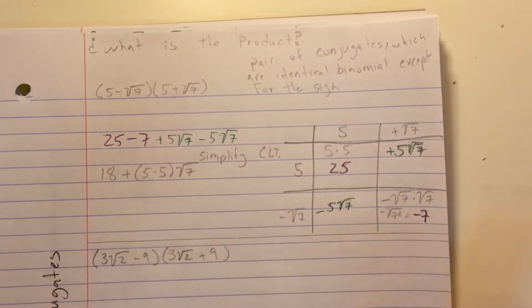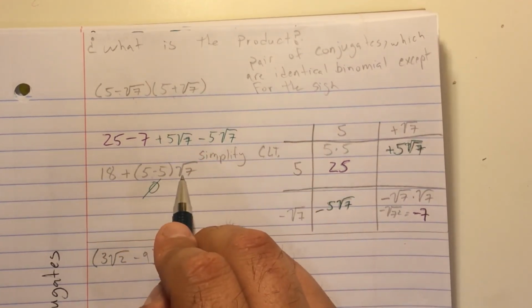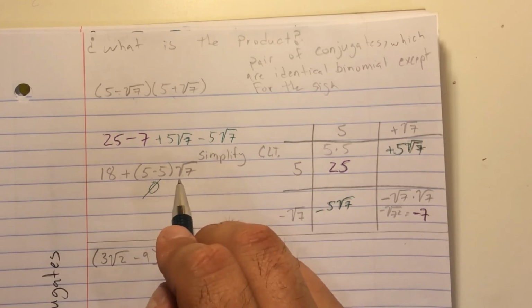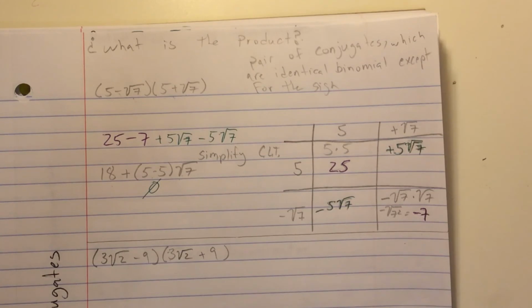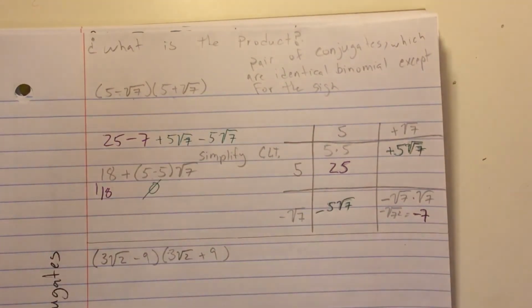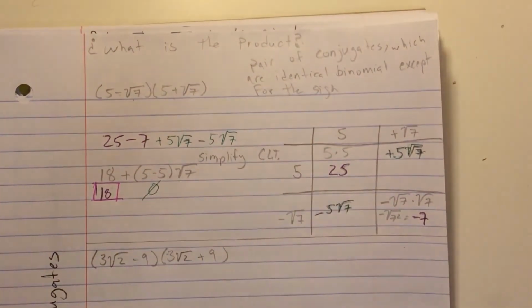But once again here, 5 minus 5 is actually 0. And 0 times anything is going to be 7. Or sorry, 0 times anything is not going to be 7. 0 times anything is going to be 0. So what's going to be left over is just our wonderful 18 here. And I'm doing pink. I've been boxing my answers in pink, I think, except for one.